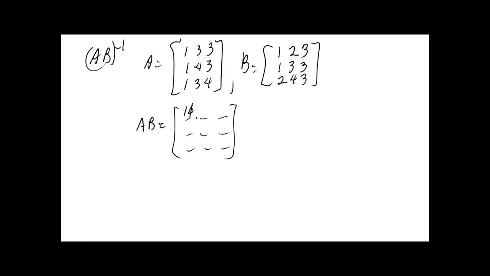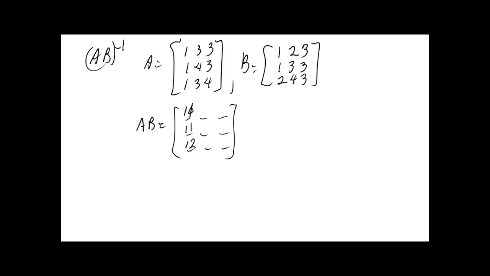Below that: 1 plus 4 is 5, plus 6 is 11. And then below that: 1 plus 3, which is 4, plus 8, which is 12. 10, 11, and 12. Strange but true.